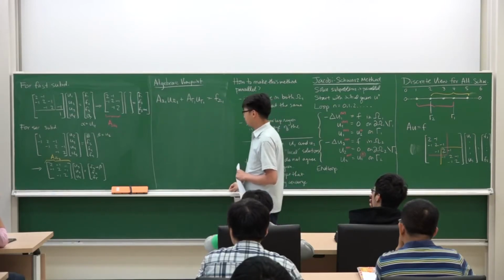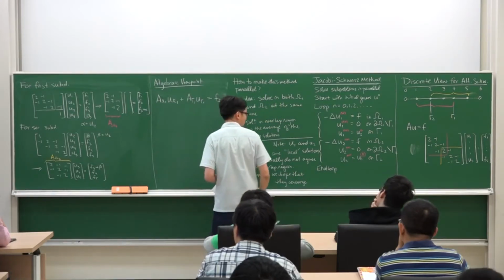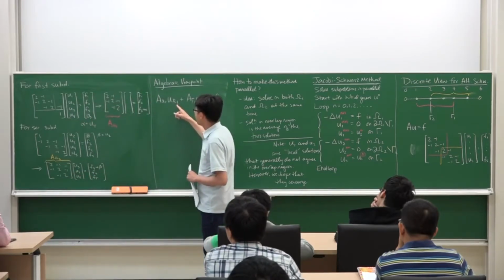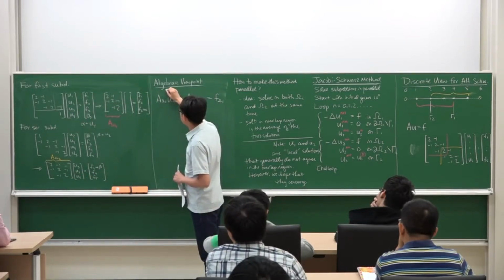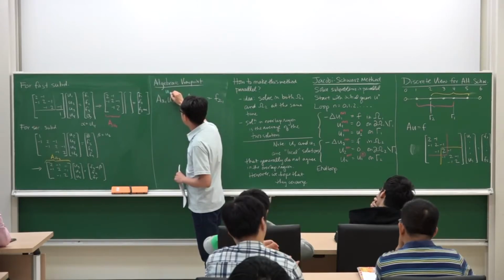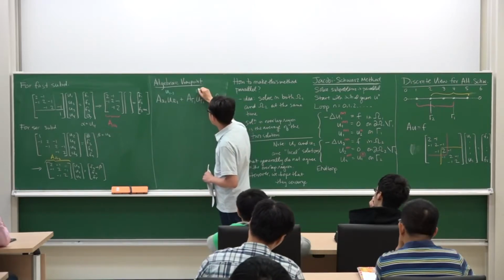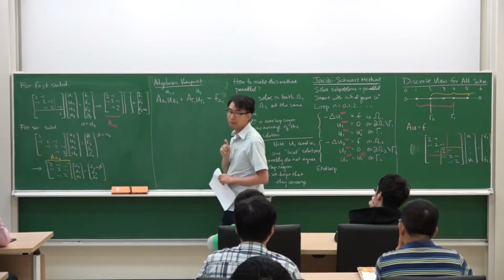So to be really clear, U omega 1 contains U 1 to 3, and U gamma 1 is just U 4 in this example.